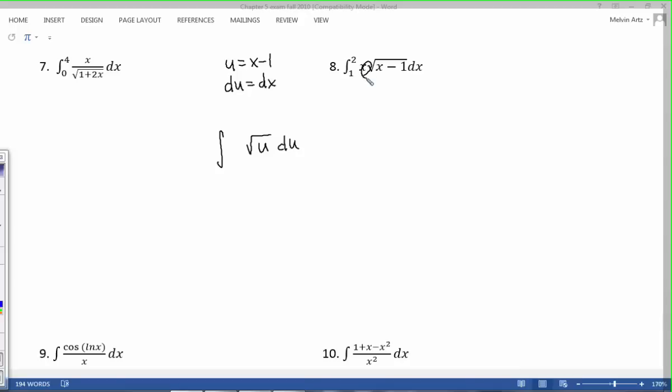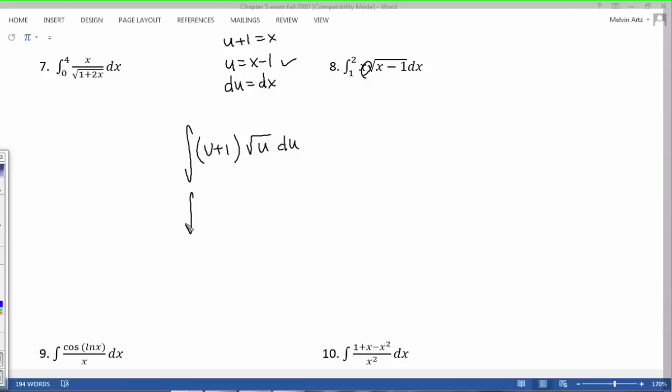But we have not replaced this x. So we will solve for x here. So we'd have u plus 1 equals x. So we will write that in here. So we'd have u plus 1.